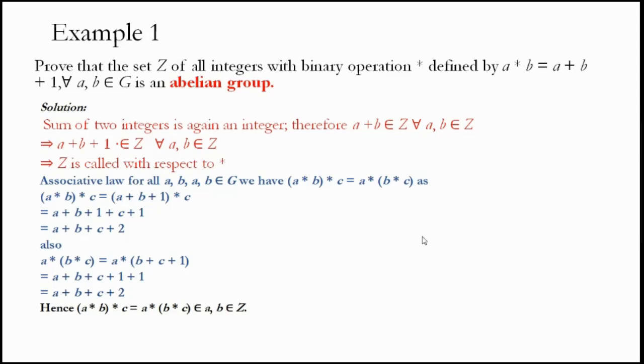Now associativity: for all A, B, C belonging to G, we have (A * B) * C equal to A * (B * C). For (A * B) * C, wherever A * B is there you place A plus B plus 1, now you will get the resultant one, and in the reverse direction if you perform the same operation, you will get the same expression.